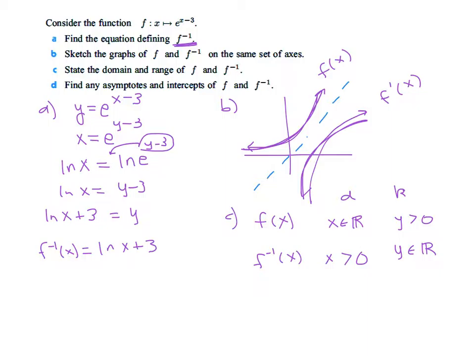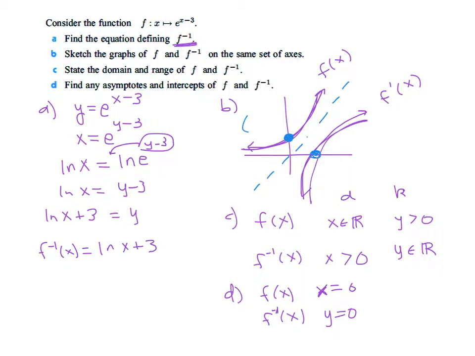Lastly, find any asymptotes and intercepts of f and f inverse. The asymptote on the f of x is x is equal to 0. For the inverse, y is equal to 0. There is one intercept in both cases, over here and over here.